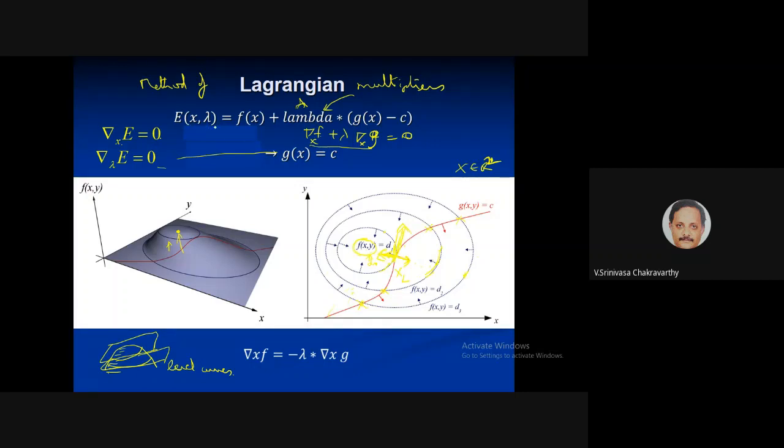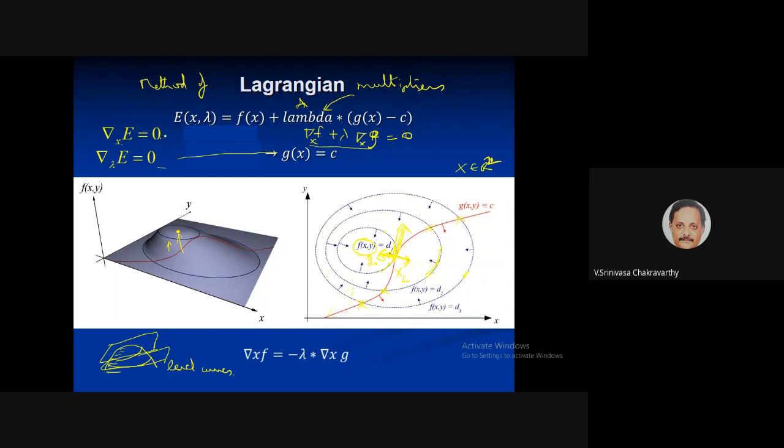Okay, so the same thing happens in this so-called method of Lagrangian multipliers. We define this extended cost function, e of x comma lambda, defined in terms of vector x and lambda. Let's take the simple case of having only one constraint function, so we'll have only one lambda. So e equals f of x plus lambda times g of x minus c. So now there are two equations.